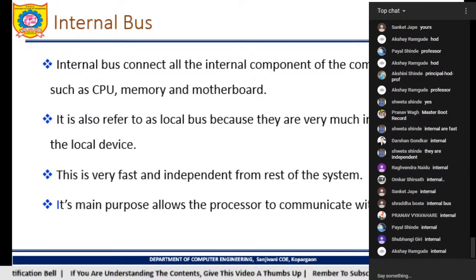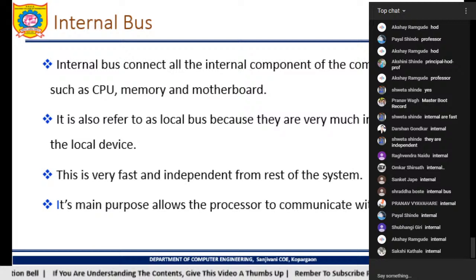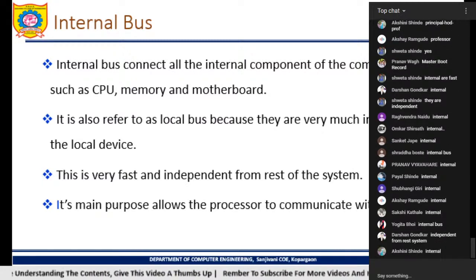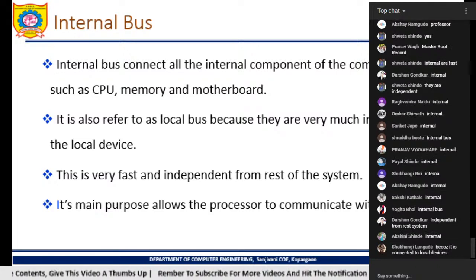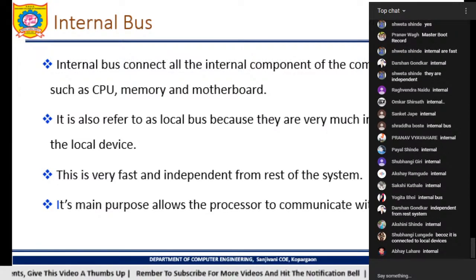Yeah, your answers are coming correct. You are saying that internal buses are fast. Why? You are just copying it from the PPT and posting it. Darshan says independent from the rest of the system. I know it is written here, but the question is why. Shivangi says because it is connected to local devices. You are correct.